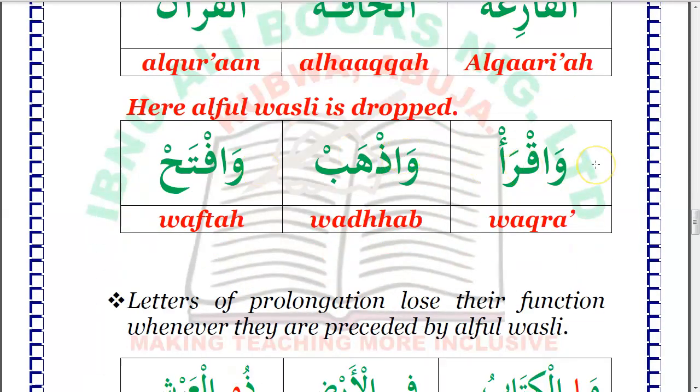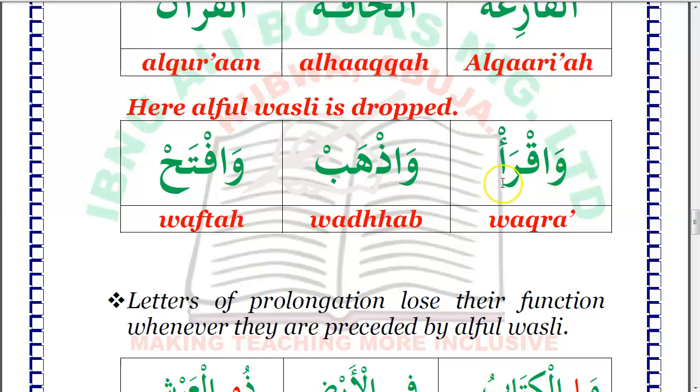Here is the fifth one, where we said that if the alif al-wasli is preceded by another letter with vowel sound, that letter is going to make alif al-wasli ineffective. Alif al-wasli will be omitted, will be ignored, will not be used anymore.